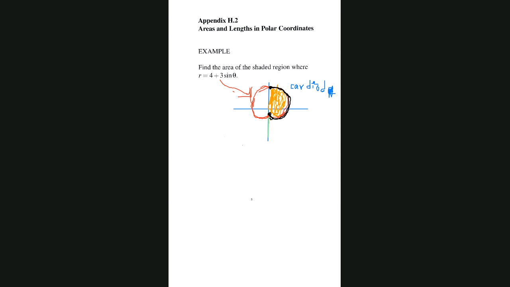What direction is my starting angle? The green angle, in that direction of the green line, am I looking up or am I looking down?